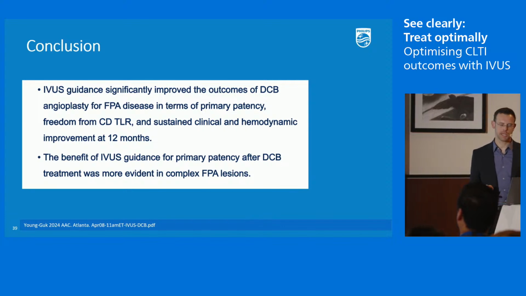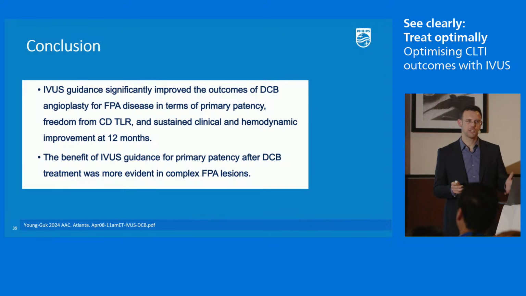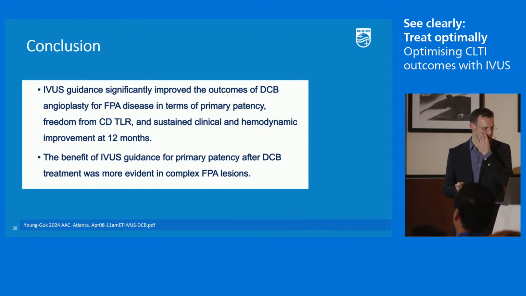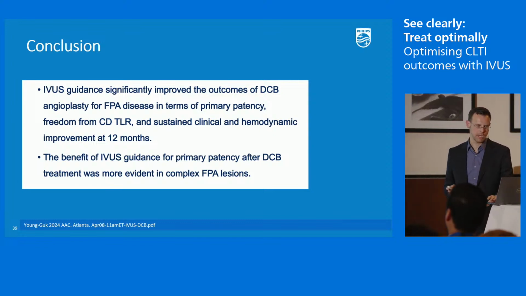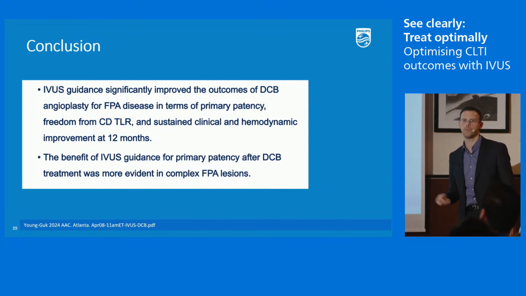So in conclusion for this study, it improved the outcomes of DCB angioplasty in the FEMPOP in both primary patency and freedom from clinically driven target lesion revascularization. And this was definitely true of the more complex FEMPOP lesions.